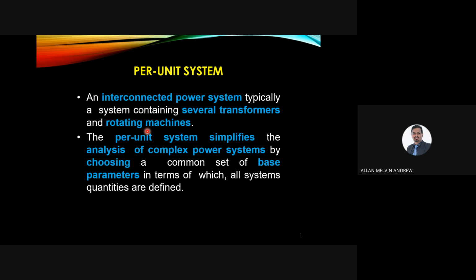So of course now we are not doing manual calculation. Mostly it's already computerized. But we need to understand how the per unit system works so that we can use the software correctly. Because a slight mistake can involve a lot of human lives.